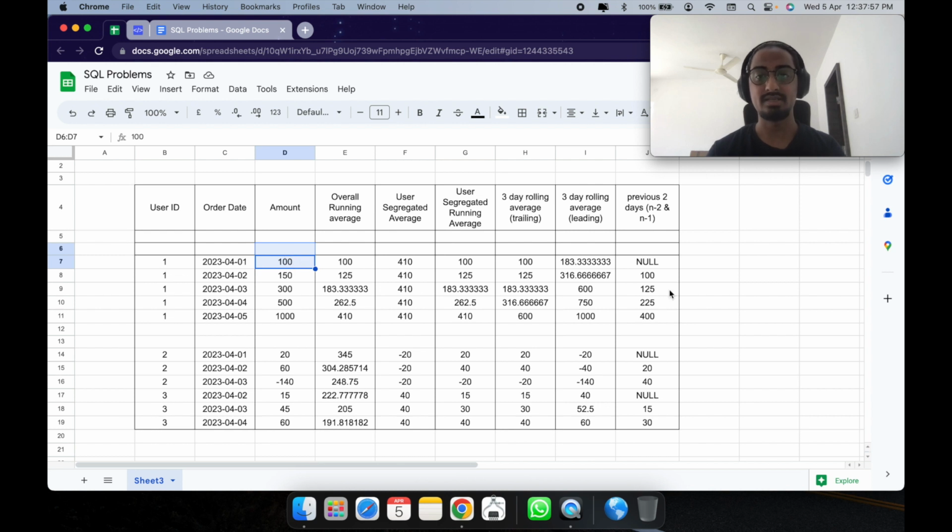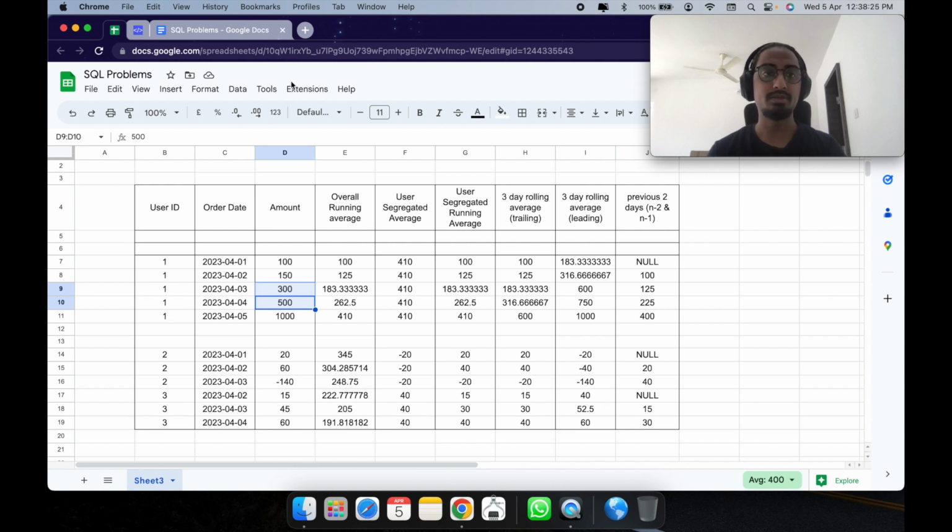Average of 100 and null is 100 again, so it's 100. For the next row, it is the average of 150 and 100, so it's 125. And following it is the average of 300 and 150, and so on and so forth. For 400, it is the average of 500 and 800. So this is how the previous 2 days averages work, and let's solve this.